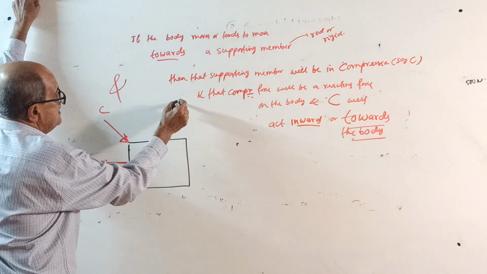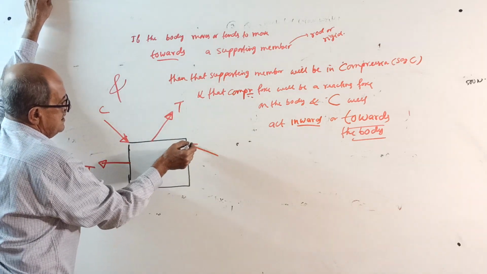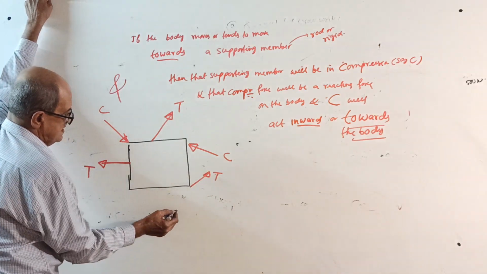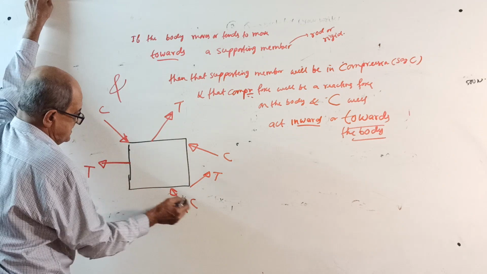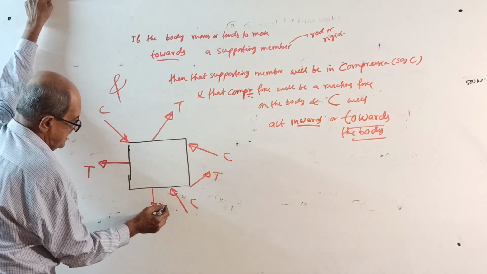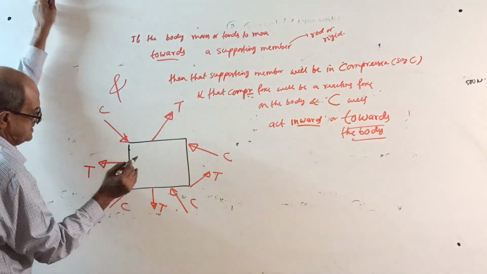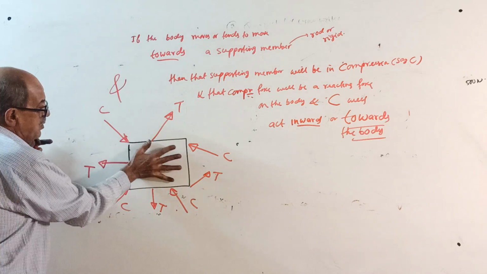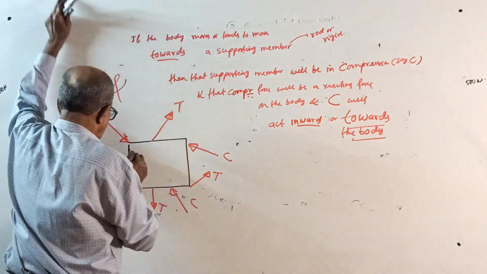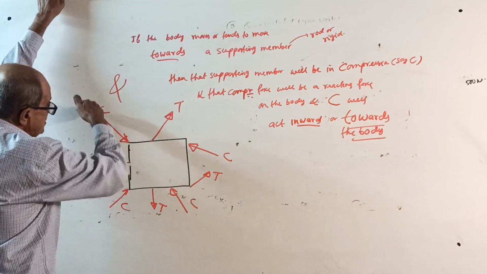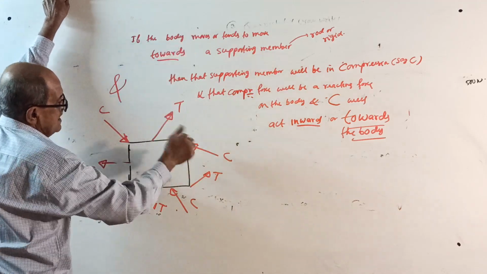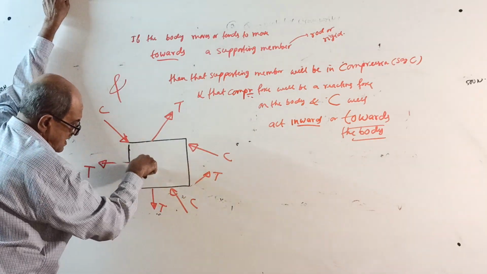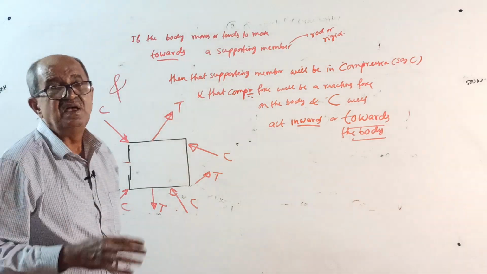Acting away from the body, tension. Towards the body, compression. You should see the body here. Away, tension. Towards, compression. Sufficient.